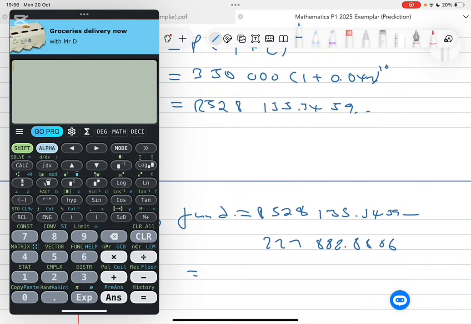Now when we do this calculation, we have 528,135.3459 minus 227,888.8806, and this says that the machine will have a sinking fund of 300,246.4653.